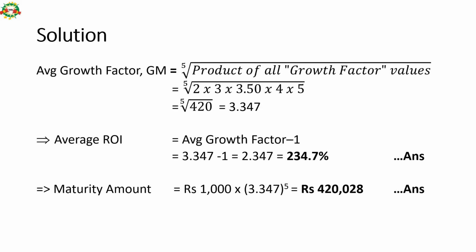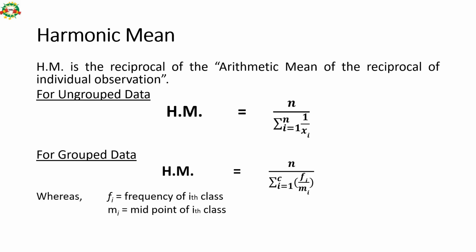So this value minus 1 is equal to 2.347, that is 234.7%, which is the answer. And the maturity amount of 1000 rupees deposited for 5 years is 1000 multiplied by 3.347 raised to power 5, which is equal to 4,20,028 rupees. That's the answer.